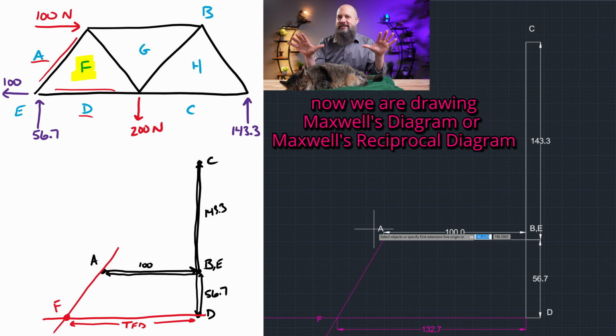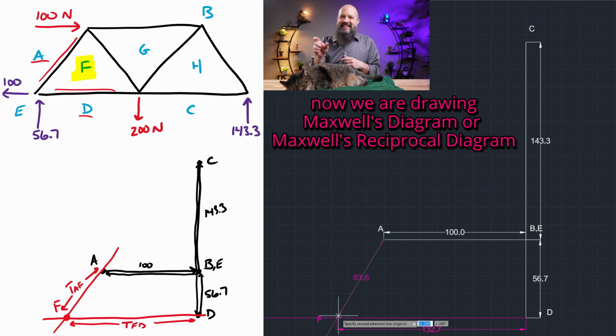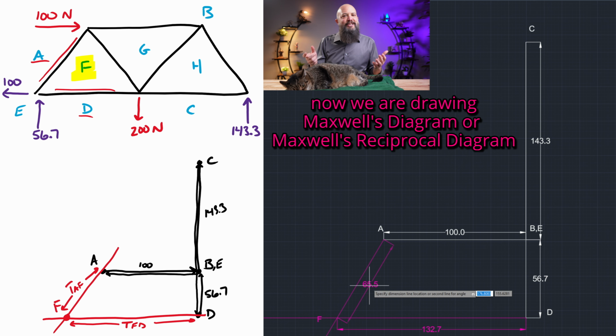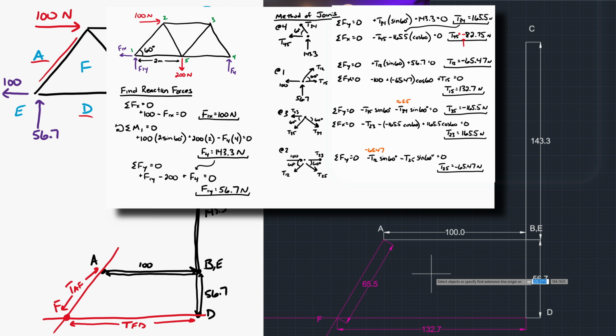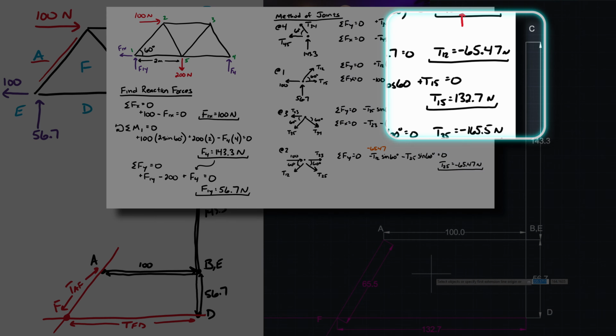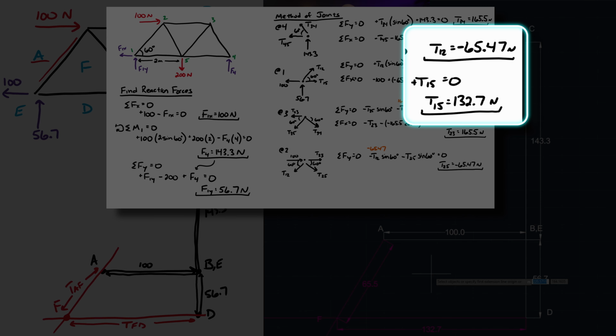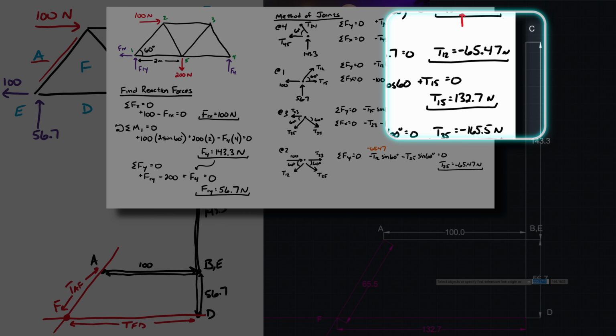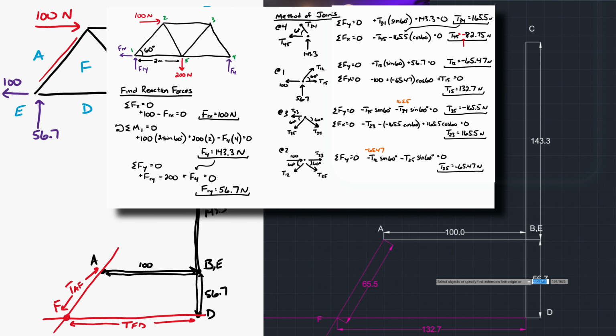And here comes the crazy black magic of this whole thing. If you measure the lengths of these two lines, 65.5 and 132.7, you'll see that these two lengths perfectly match the values that I solved earlier from method of joints.